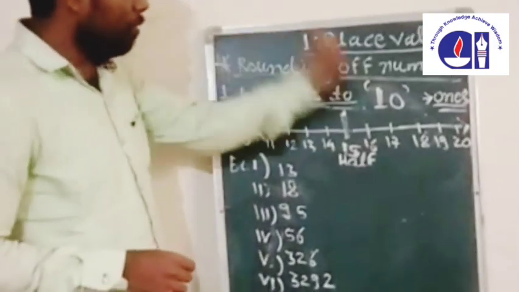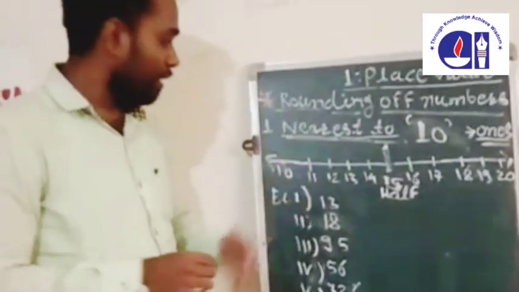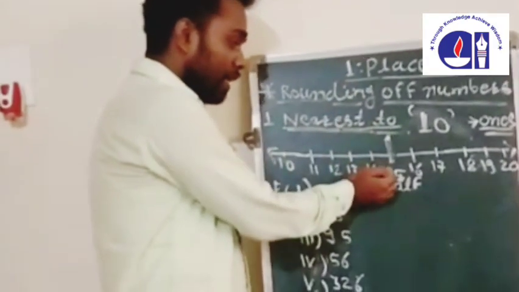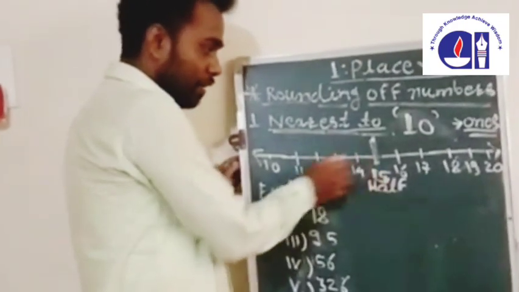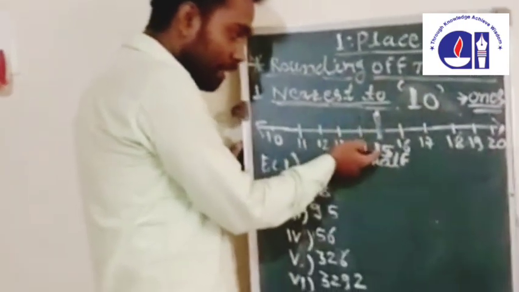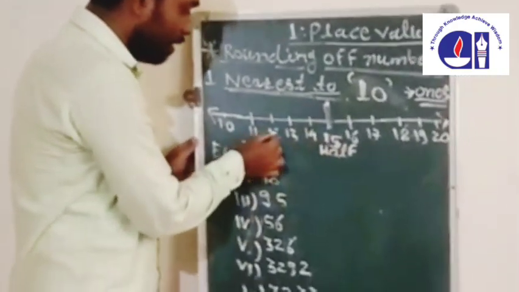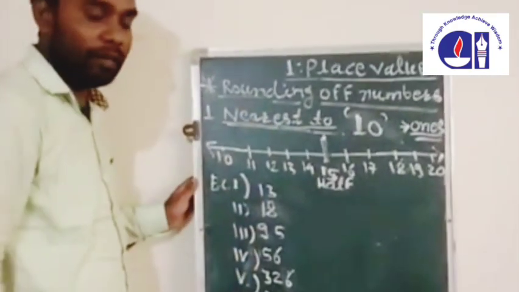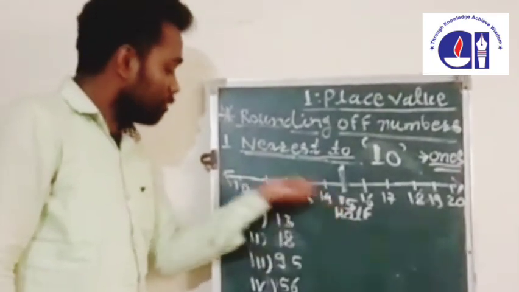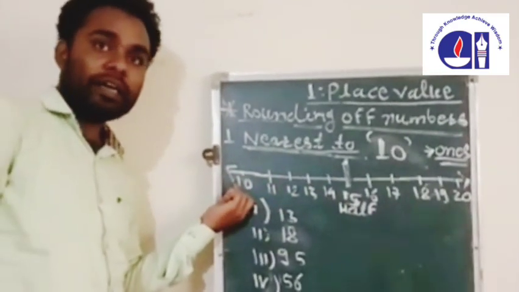So when you are rounding to the nearest 10, here 10 to 20 is given. If the number is less than 15, it may be 11, 12, 13 or 14. These numbers are nearest to the back 10, which is 10.